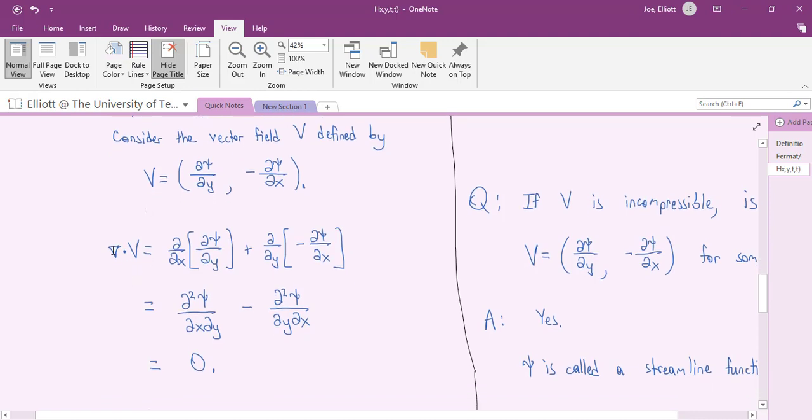So remember that the divergence of a vector field, you take the partial derivative with respect to x of its x component plus the partial derivative with respect to y of its y component.